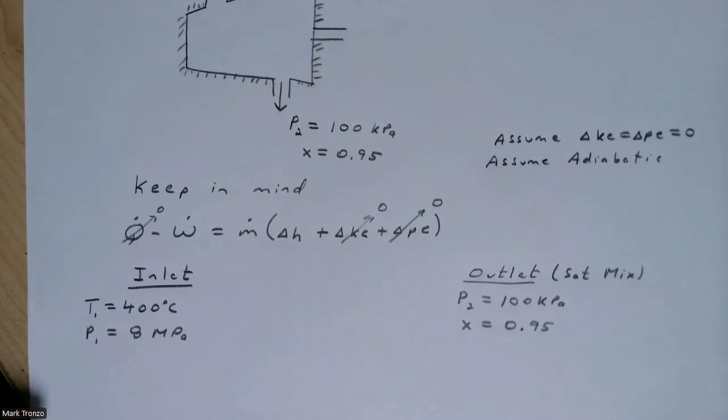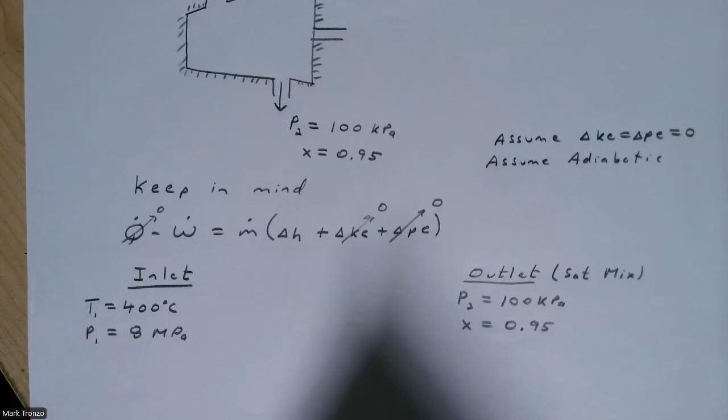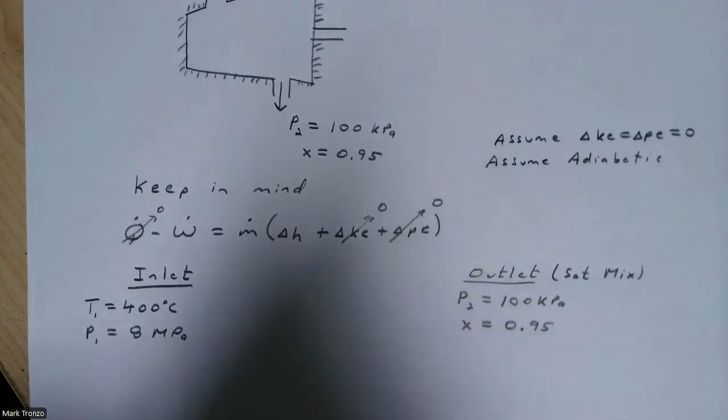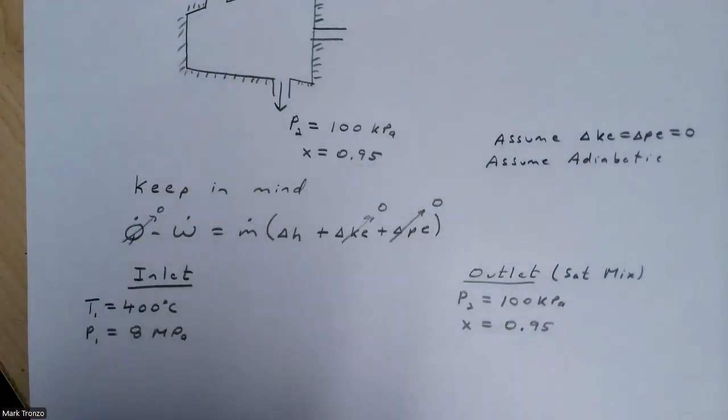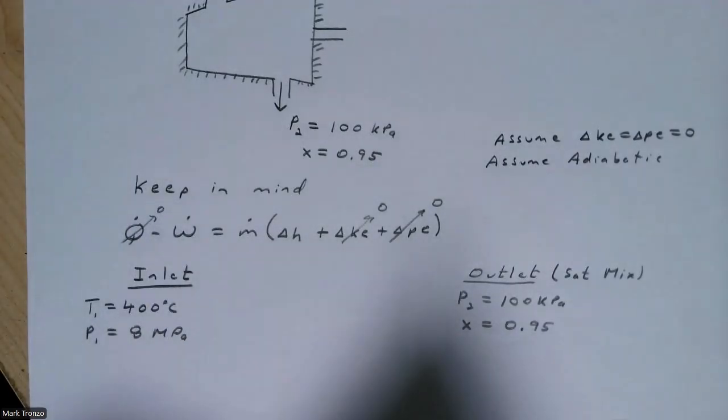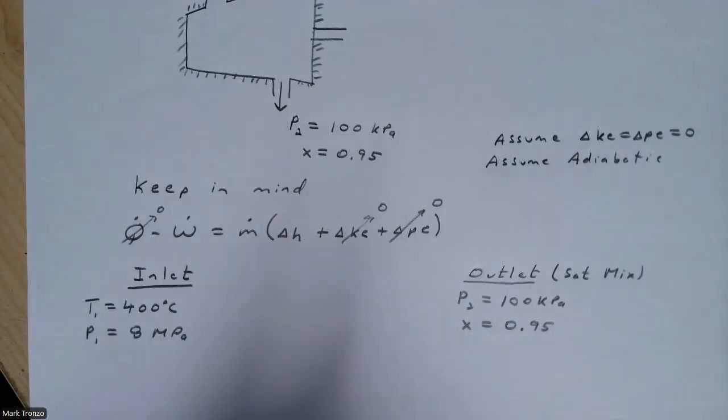So again, let's look at our table. You could go maybe just directly to the superheated table and see if you could find these, though probably the more direct way to do it is to start with the saturated steam water table and go from there.